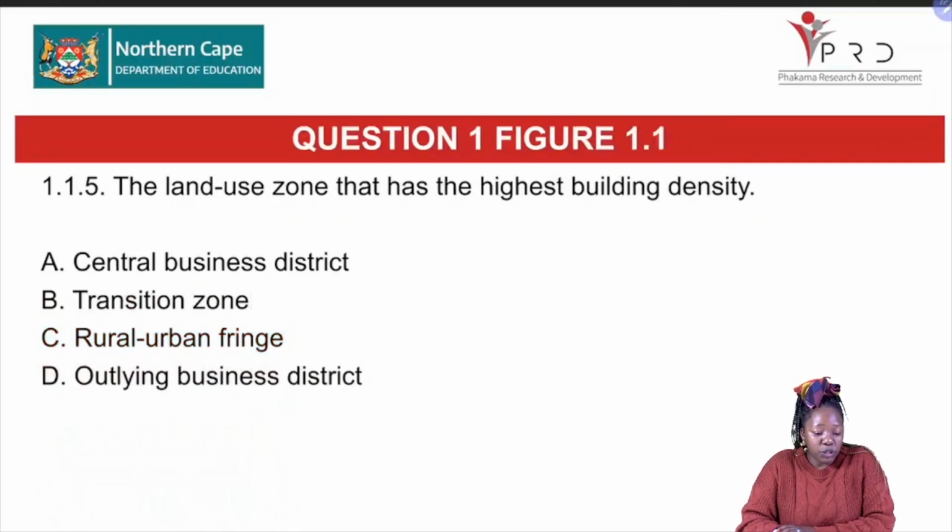Then we move to question 1.1.5, the land use zone that has the highest building density. So again, the key there is the highest building density. Among the options, you choose there for 1 minute, and then after 1 minute, we will be able to proceed to the corrections.